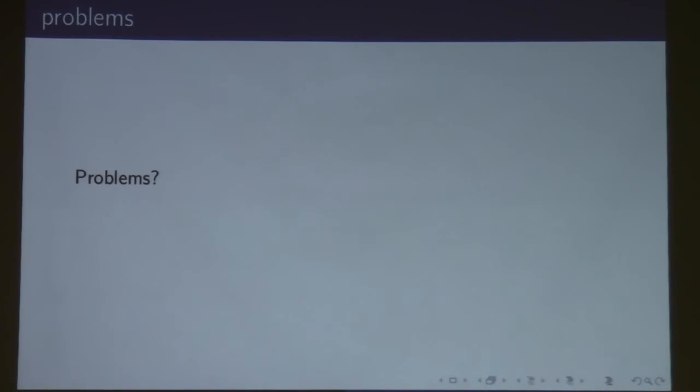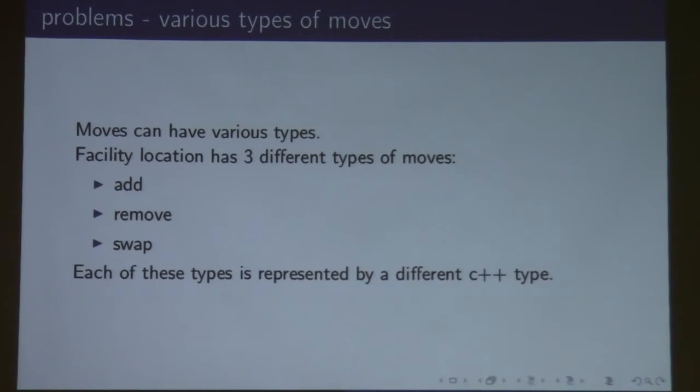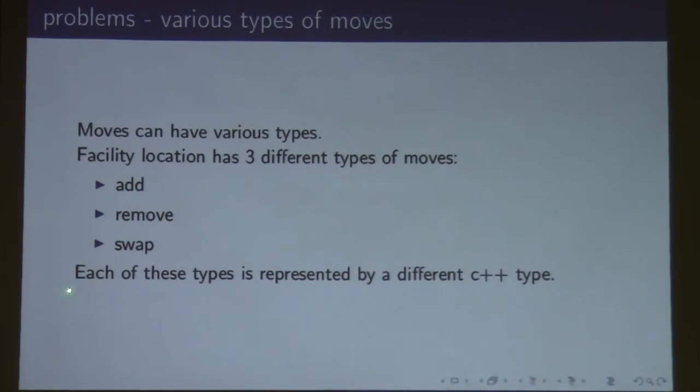The problem is that these moves can have various types, as in this facility location. Do you remember this facility location? It has three different types of moves, and each of these types is represented by a different C++ type.